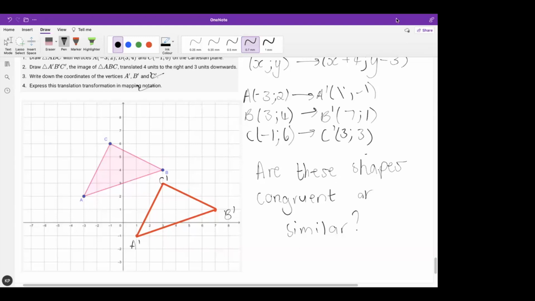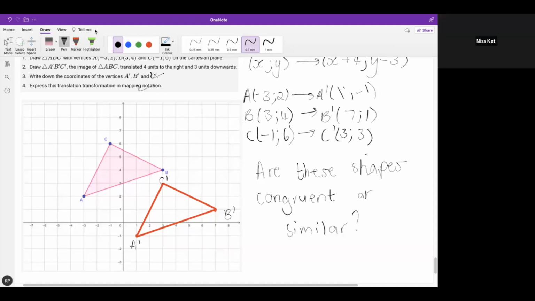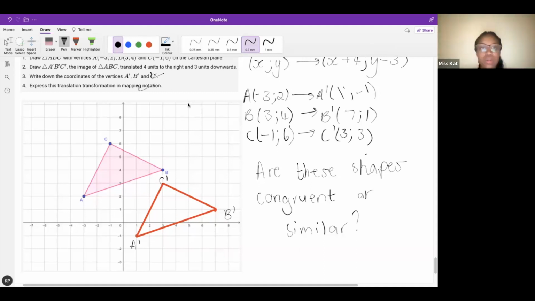And what do we say is our reasoning? Why do we say they are congruent? Oh, I see some people say similar. If you say similar, why do you say they are similar?